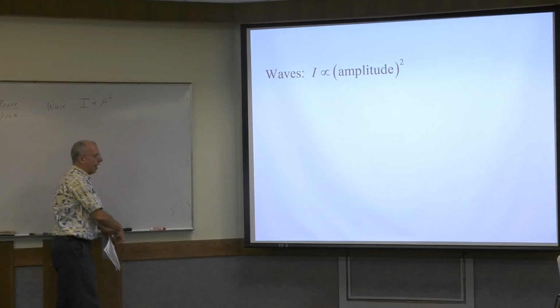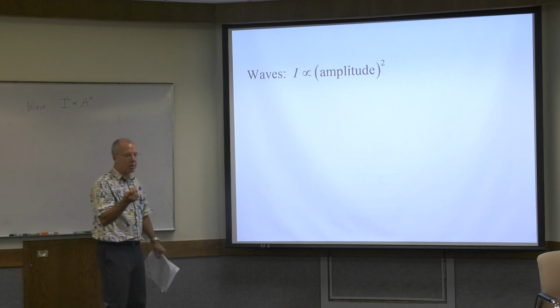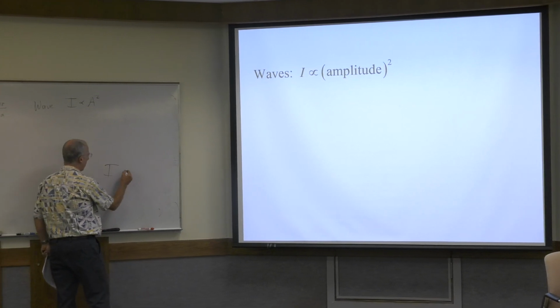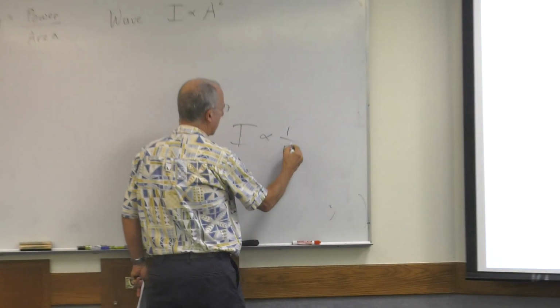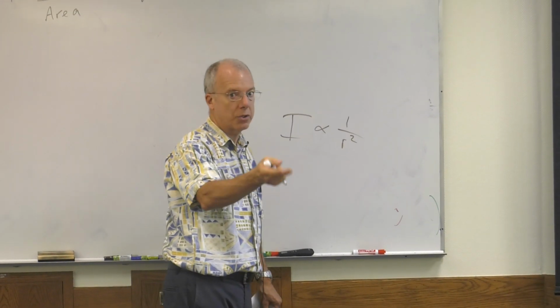Remember, we also talked about the intensity from a point source, which was proportional to 1 over the distance away from the point source squared.